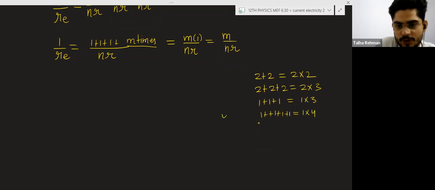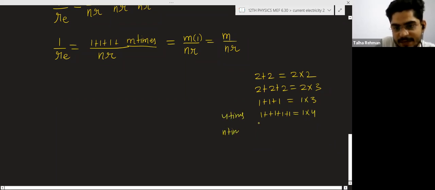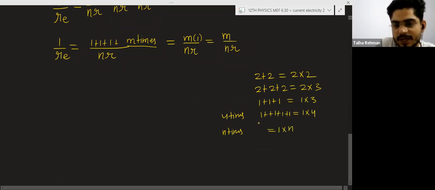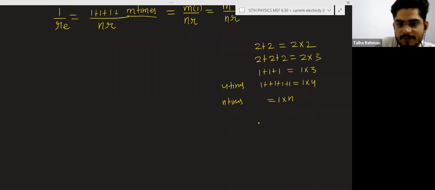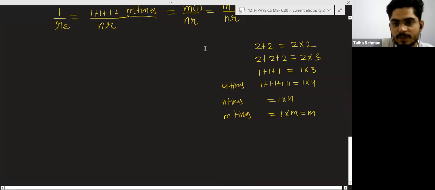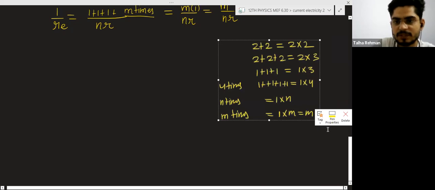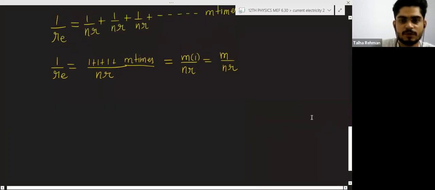When you are adding n times, you will write 1 into n. If you are adding 1, m times, you will write 1 into m, which means m. You should know all these things. This is mathematics. Okay, fine.